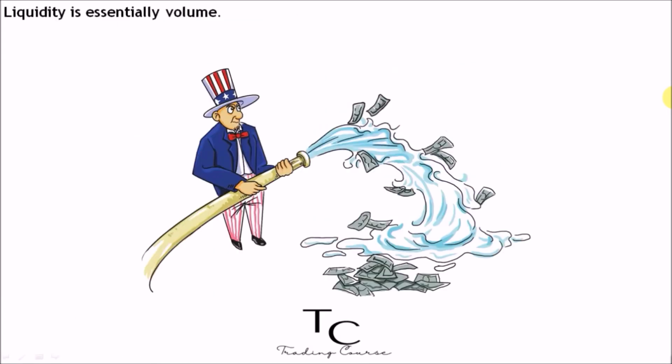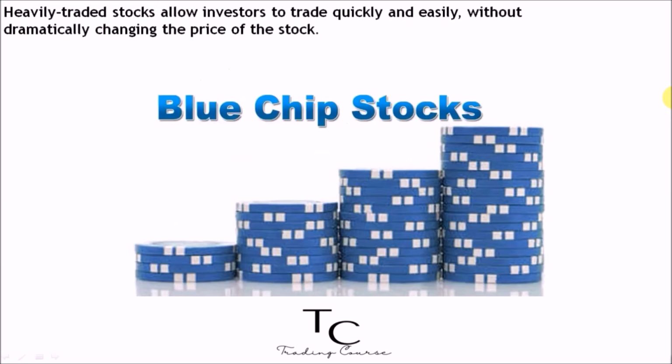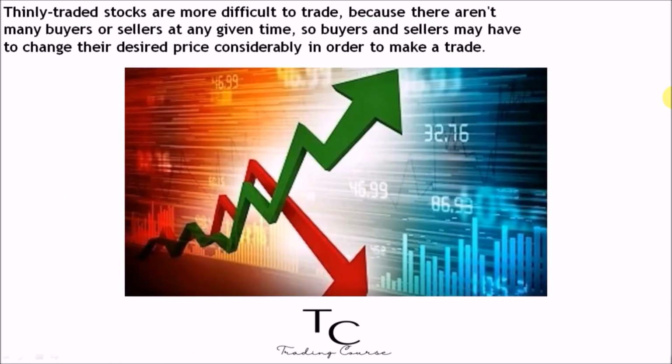Liquidity is essentially volume. Heavily traded stocks allow investors to trade quickly and easily, without dramatically changing the price of the stock. Thinly traded stocks are more difficult to trade, because there aren't many buyers or sellers at any given time, so buyers and sellers may have to change their desired price considerably in order to make a trade.